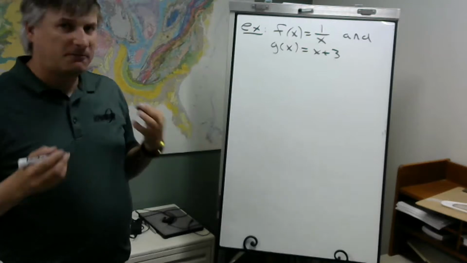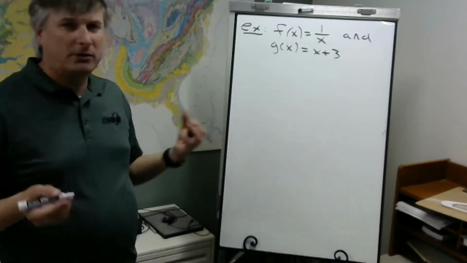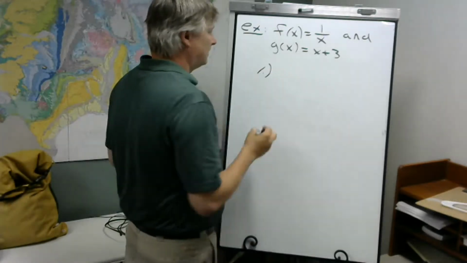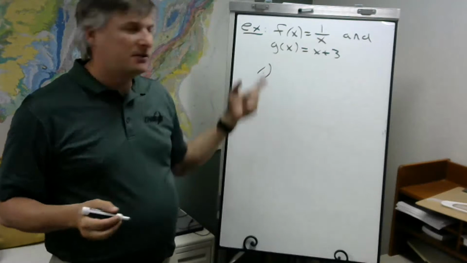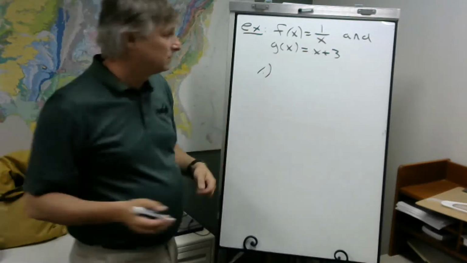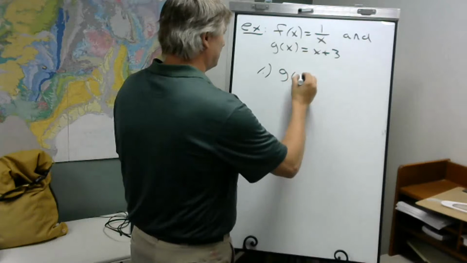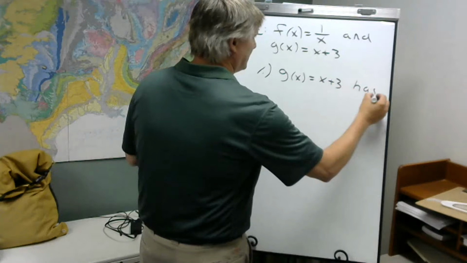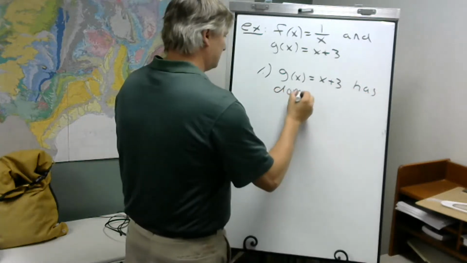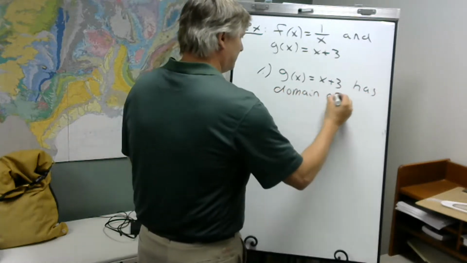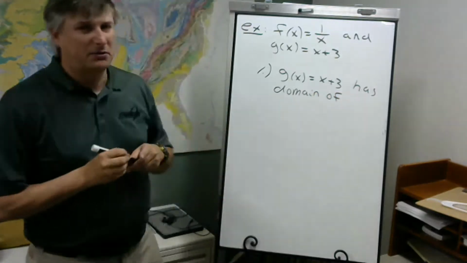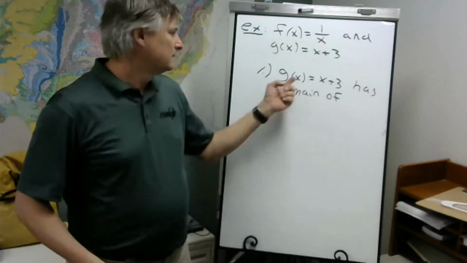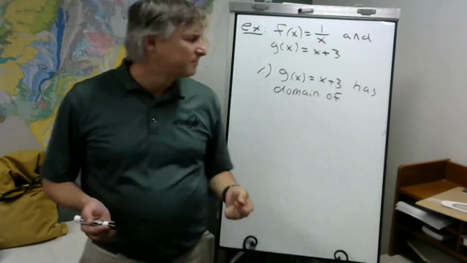So first off, if we take a look at the domain of g, is there any value of x that's not in the domain of g? We need to be careful. Well, g of x equals x plus 3. Are there any possibilities for division by 0? No possibilities there.